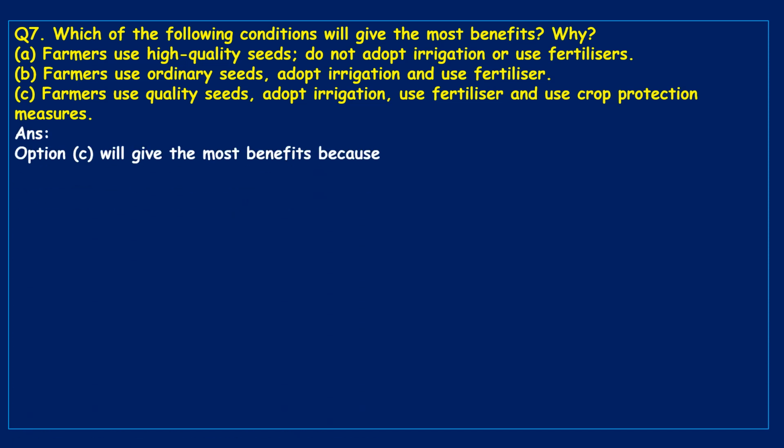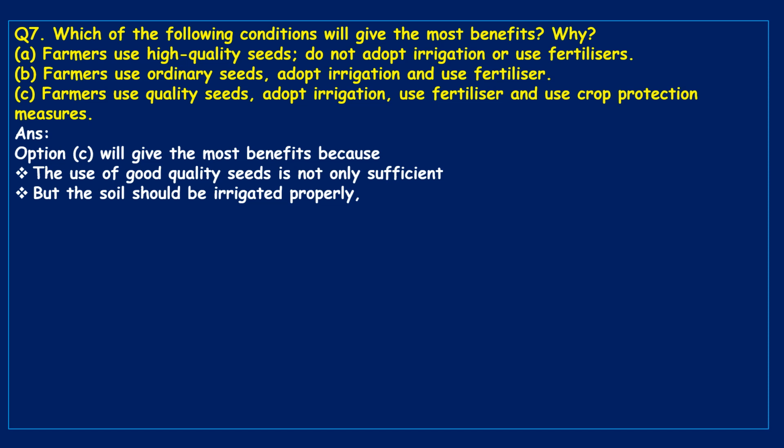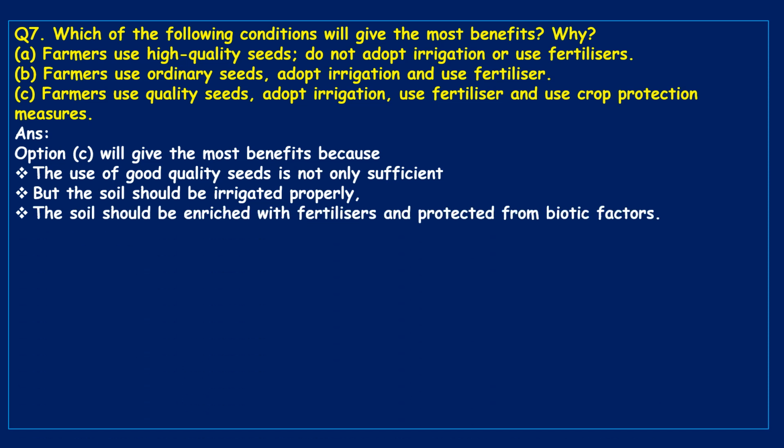Option C will give the most benefits because the use of good quality seeds is not only sufficient, but the soil should be irrigated properly, enriched with fertilizers, and protected from biotic factors. So good quality seeds are important, as well as proper irrigation, enriching the soil with fertilizers, and taking protective measures from biotic factors like bacteria, fungus, and all these things.